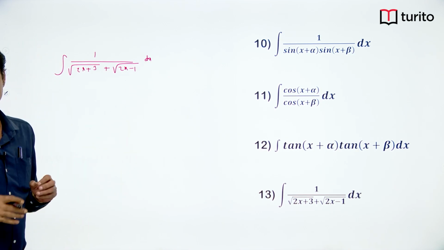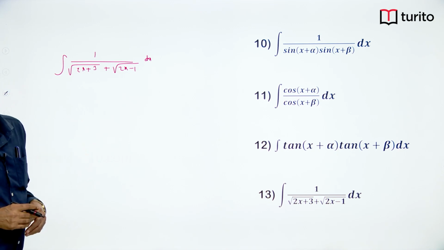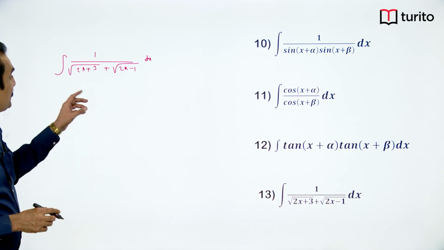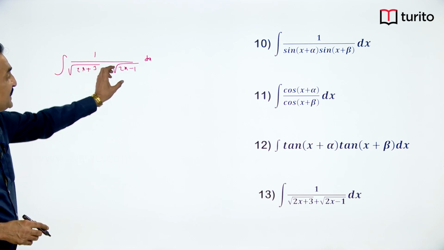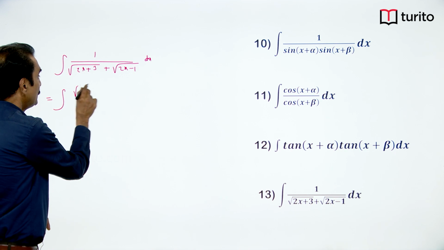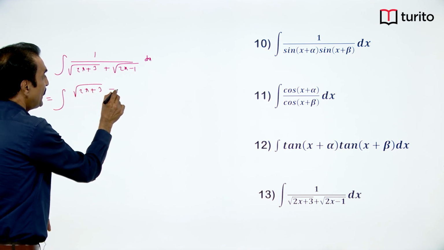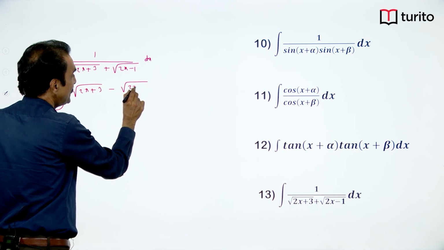For this kind of terms, we rationalize the denominator, multiplying and dividing by this minus this, so you will get root 2x plus 3 minus root 2x minus 1.